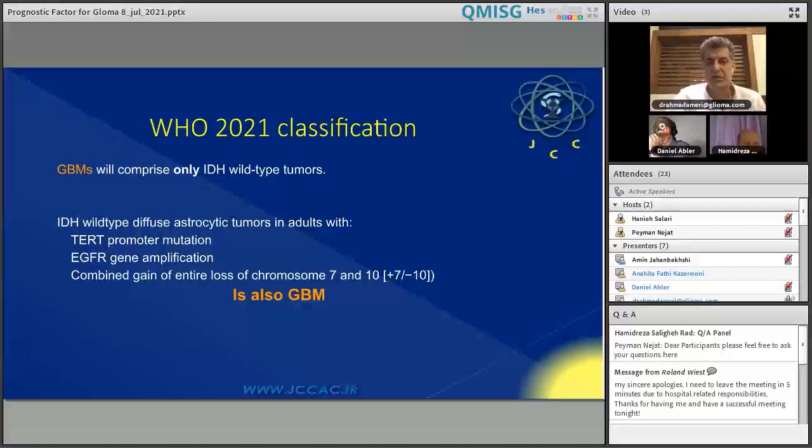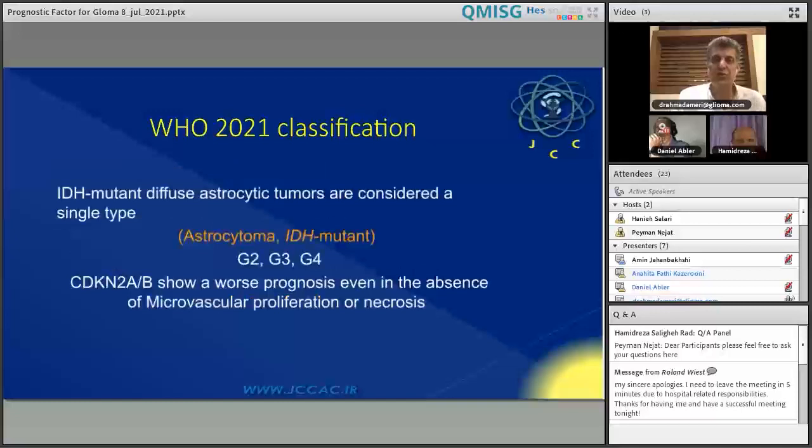But in 2016, we had GBM, IDH mutant type, and IDH wild type. In the new classification, there is no GBM with IDH mutations. Also, there are some diffuse astrocytic tumors that are IDH wild type and have some special genetic alterations. They are also classified as GBM without necrosis or other morphological findings of GBM.